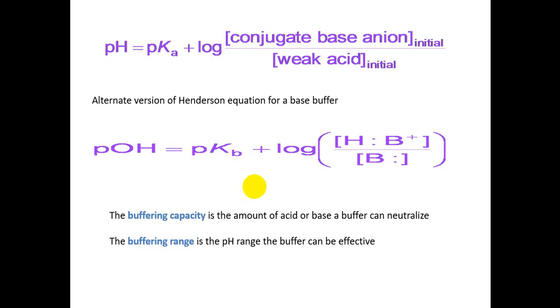The buffer that was able to buffer the 1000 cubic centimeters of the acid has a stronger buffer capacity than the one which was only able to buffer the 10 mL. The buffering range is the pH range in which the buffer can be effective.